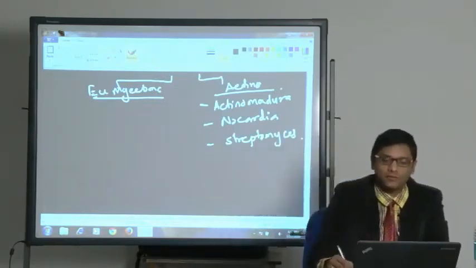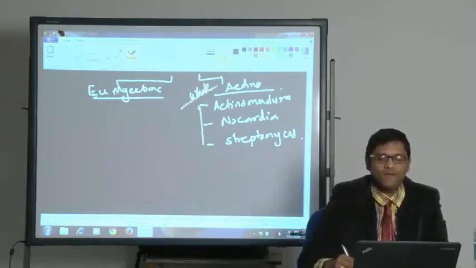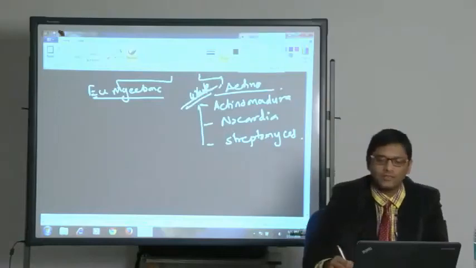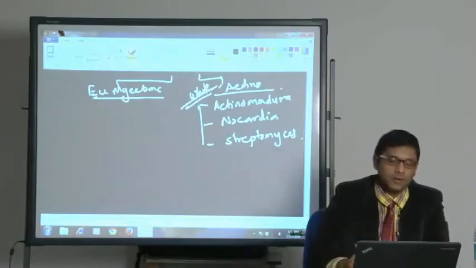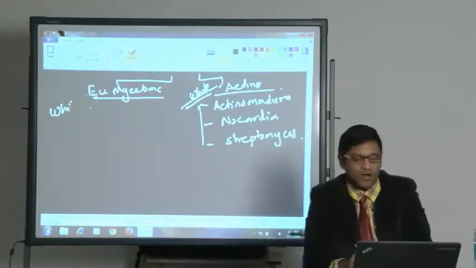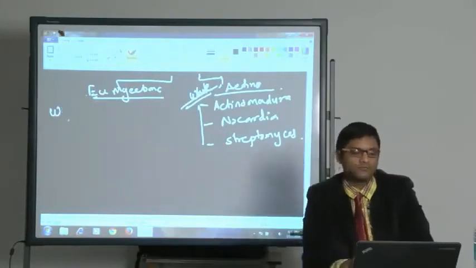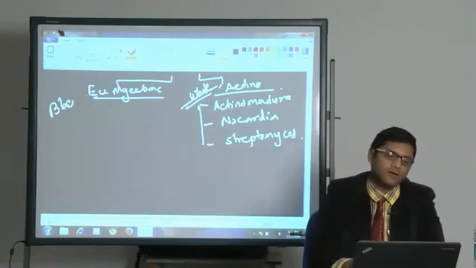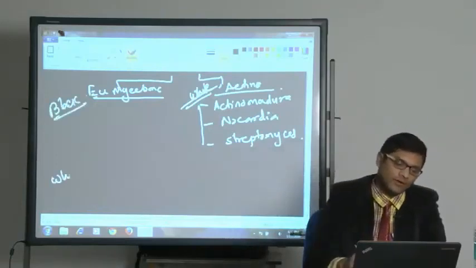Most of the actinomycetoma produce white granules. Whereas in eumycetoma, the granules may be white or they may be black.